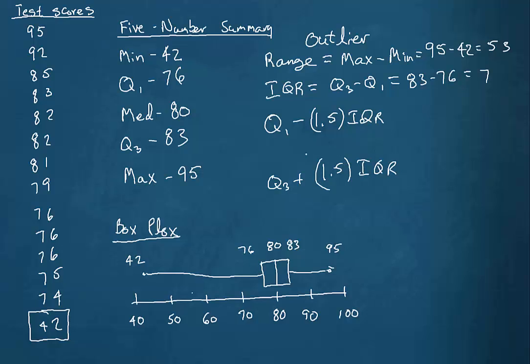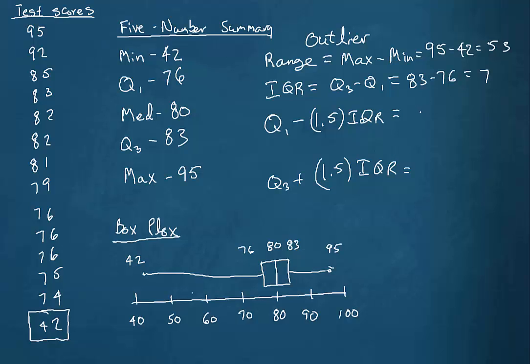So we can see what we're doing. We're constructing an interval that would consist of 1.5 times the interquartile range less than the first quartile, so down here somewhere, and then 1.5 times the interquartile range added to the third quartile, so to the right up here somewhere.